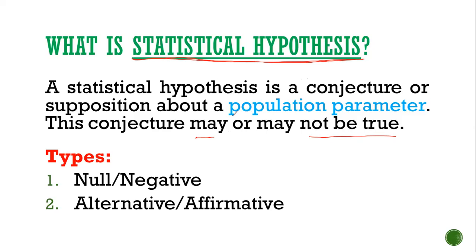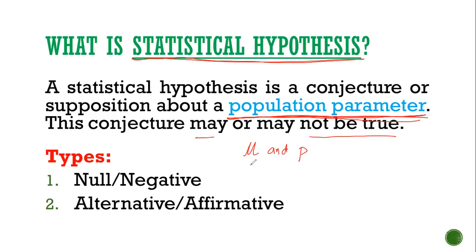Okay? This one, this is highly highlighted population parameter. Okay, so we will just be using two parameters which were lectured a while ago. So what are the two parameters that we talked about a while ago? We have your population mean, which is your mu, and your population proportion.